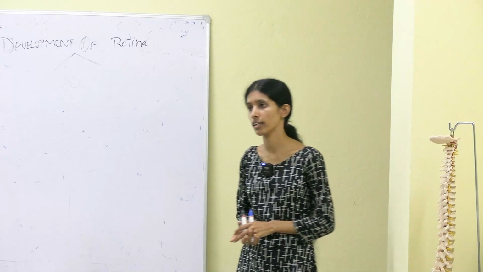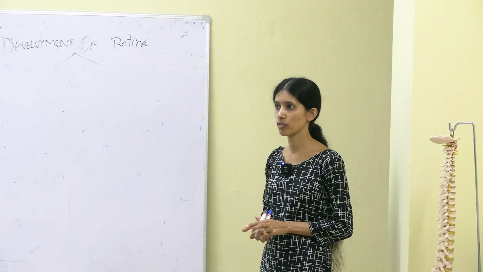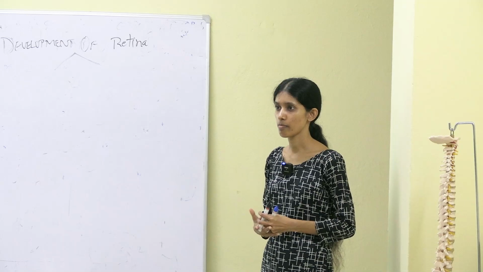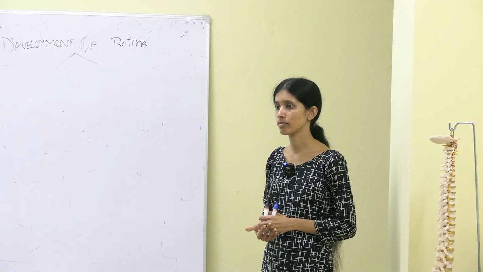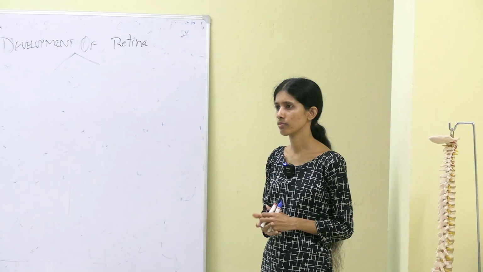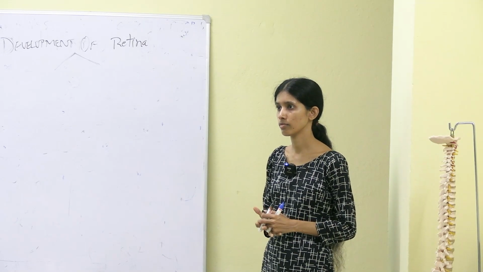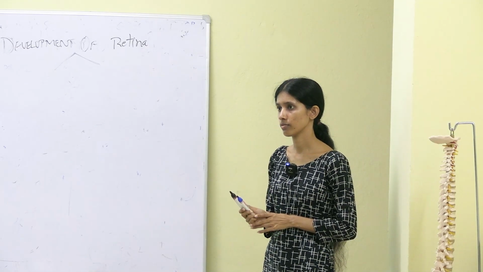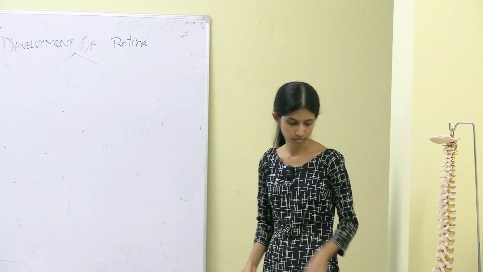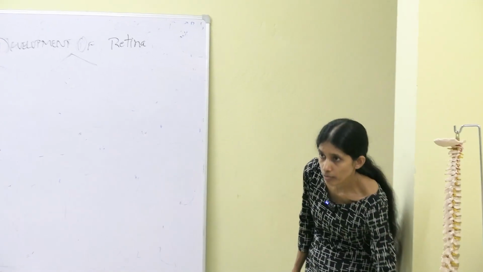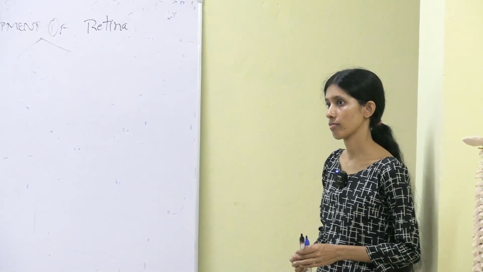Okay, ganglionic cell layer, inner plexiform, next. Layers of rods and cones.